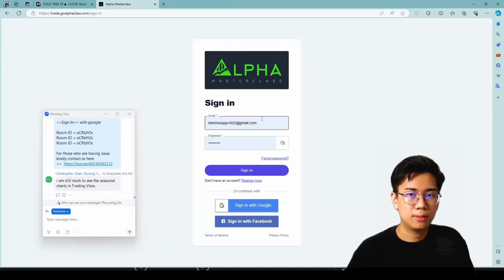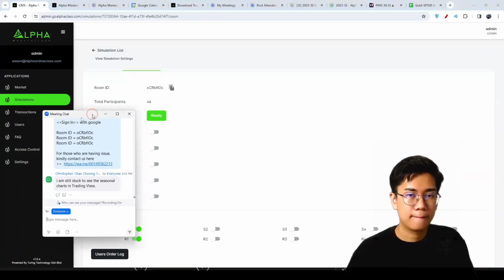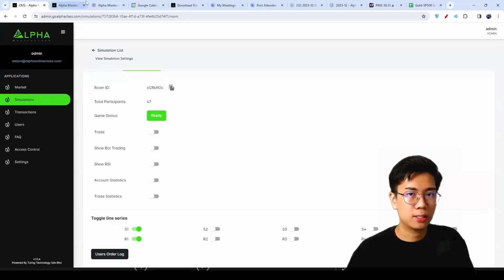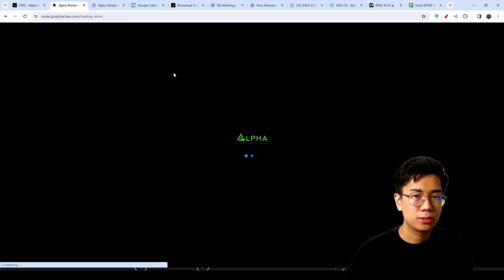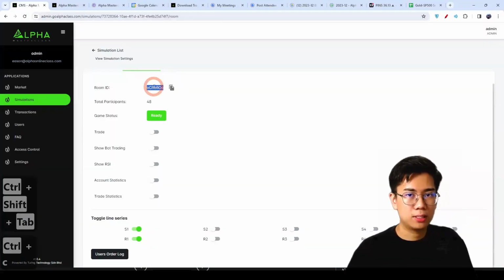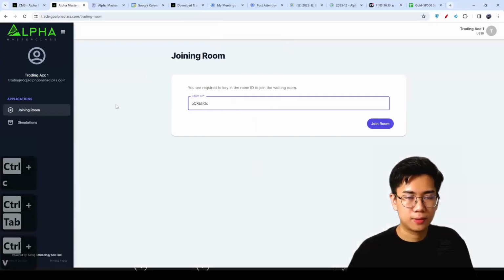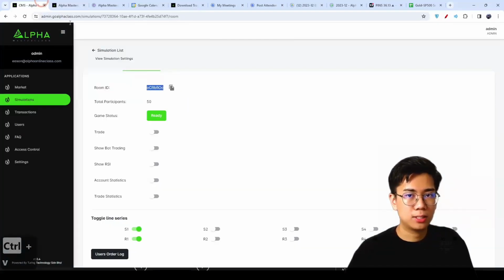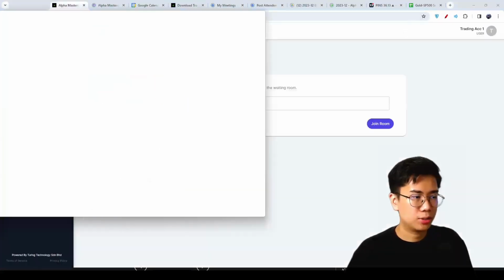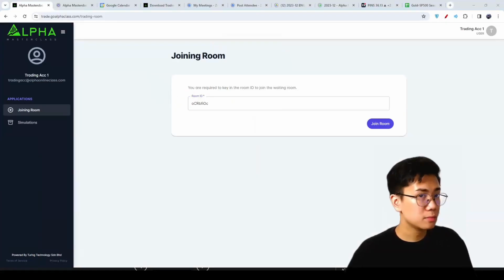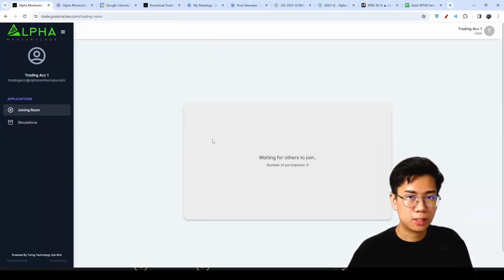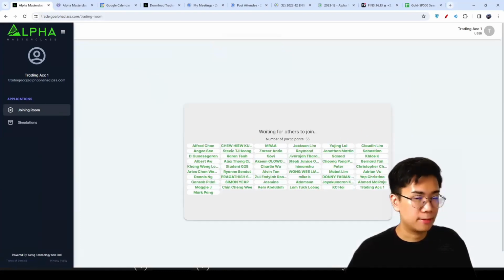You can get my team to get your temporary login first. Okay, let me log into myself first. So you log in. This is your room ID. Based on this room ID, just join. Just join the room.